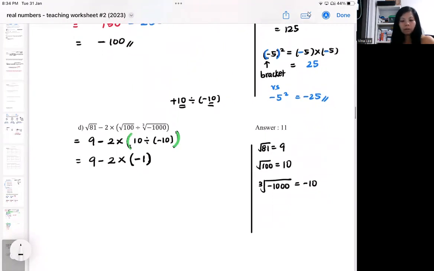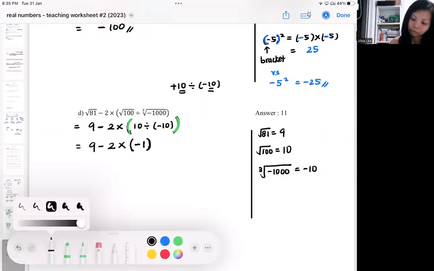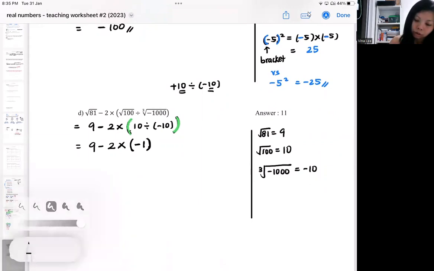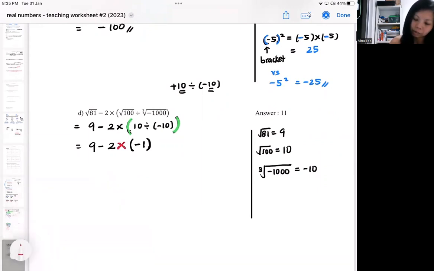After you handle the bracket, what do you do? Do you do 9 minus 2 first? Or can you see that there's actually a multiplication for you to do first? So how are you going to handle that multiplication? The multiplication is minus 2 times minus 1.